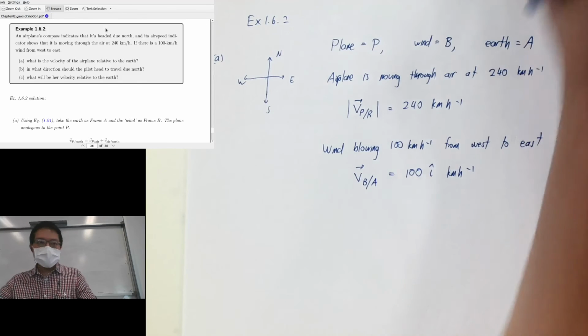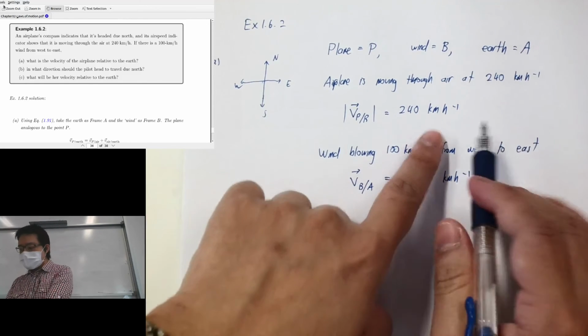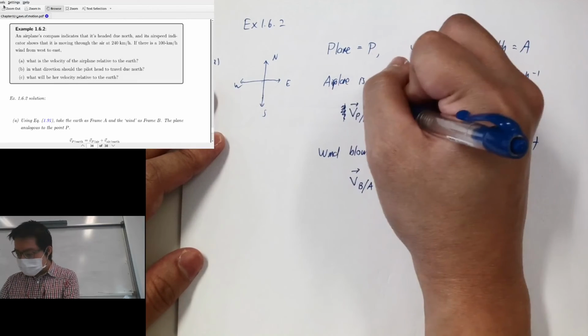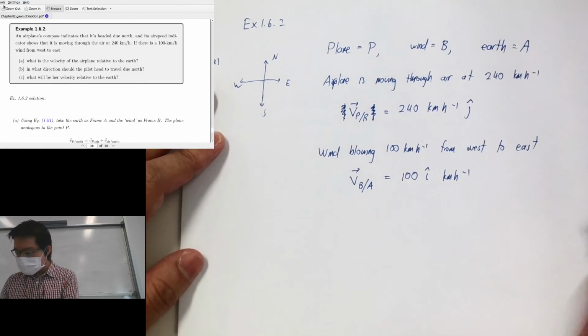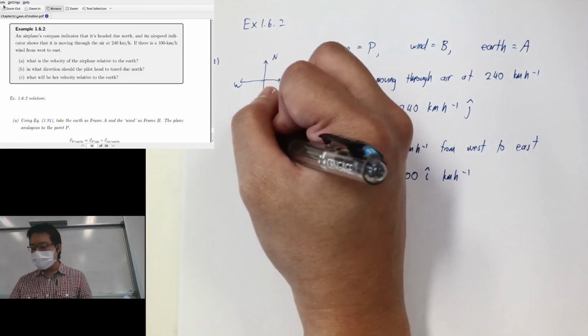Oh yeah, the airplane compass is headed due north. So the direction is due north. Actually I can write the full vector here also. Okay, so what happens is that you have an airplane, right?